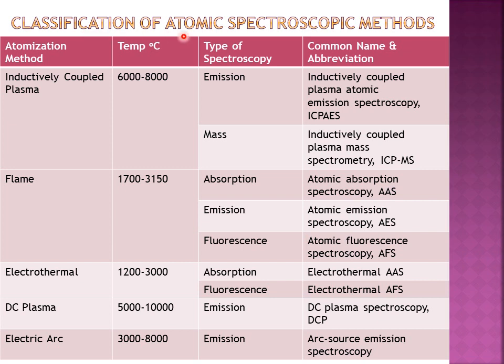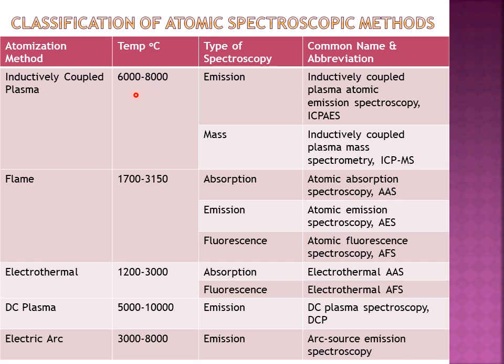So here is the classification of various atomic spectroscopic methods, given in the form of a table, showing various atomization methods or atomizers, their temperature range, the type of spectroscopy, and the name of the technique. So we'll see them one by one. The first atomizer is called inductively coupled plasma, ICP. The temperature range is 6000 to 8000.